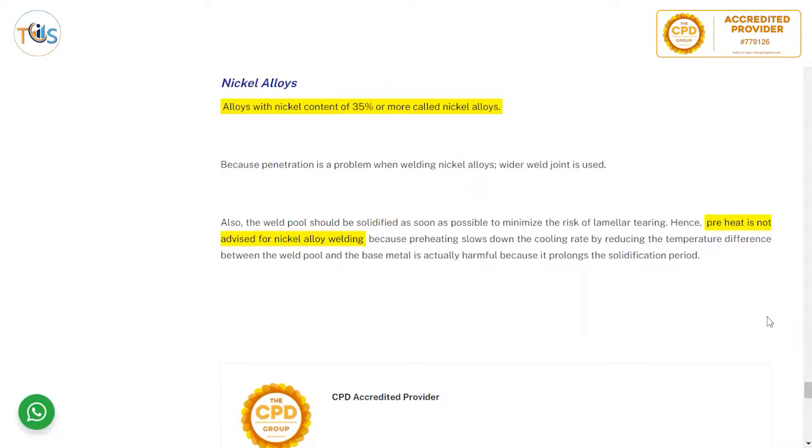Hence, preheat is not advised for nickel alloys welding, because preheating slows down the cooling rate by reducing the temperature difference between the weld pool and the base metal. And it's actually harmful because it prolongs the solidification process. So nickel alloys, 35% or more, and it's the only alloy that preheat is harmful actually. Thank you.